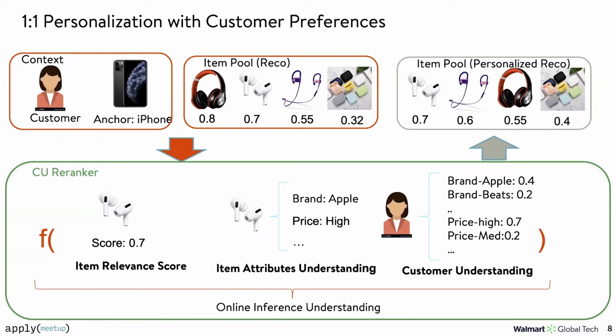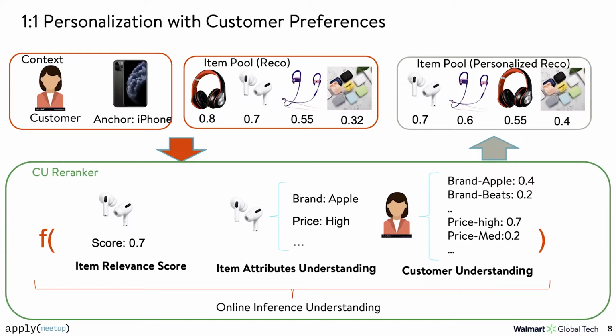Here you can see what we call the customer understanding ranking algorithm, which is a function of the underlying item recommendation pool relevance score, and it also considers the item attribute understanding, like what we discussed: for any given product, what the brand is and what the price band is for that particular item.